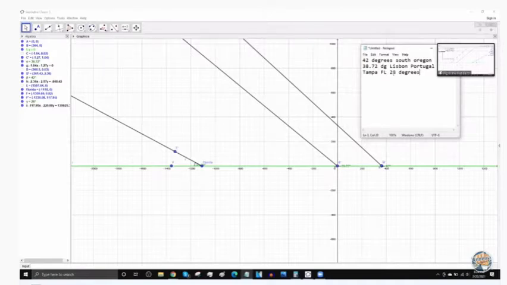Thank you very much. 28 degrees in Tampa, Florida. These points are the correct distance apart. They are to scale as they would be in reality. So here you can see the 42 degrees, the 38.72 degrees, and the 28 degrees of Florida.